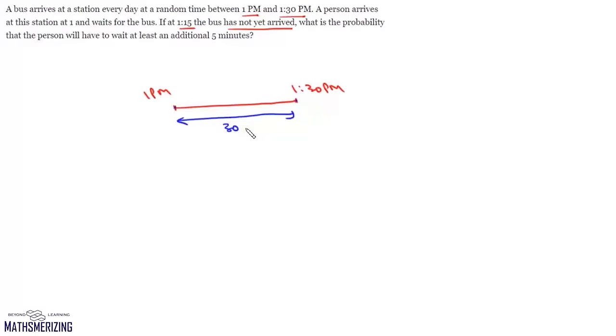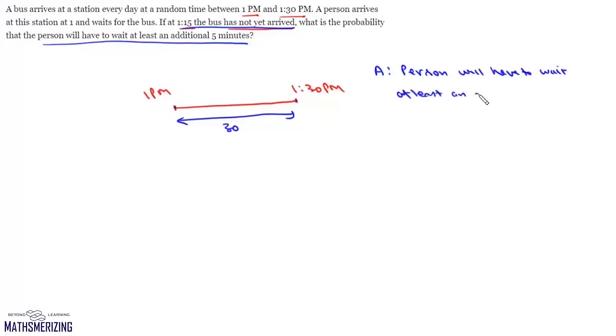Now here we need to find the probability that the person will have to wait at least an additional 5 minutes if it is given that at 1:15 the bus has not yet arrived. So we'll define two events. Event A is the person will have to wait at least an additional 5 minutes.